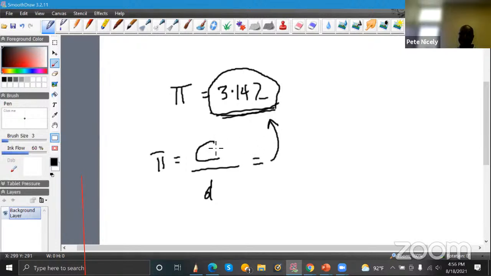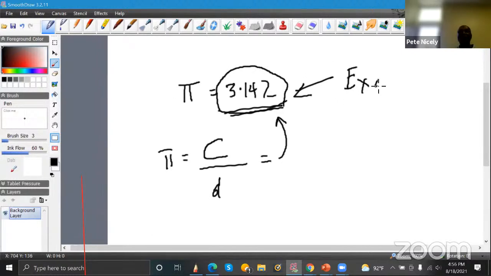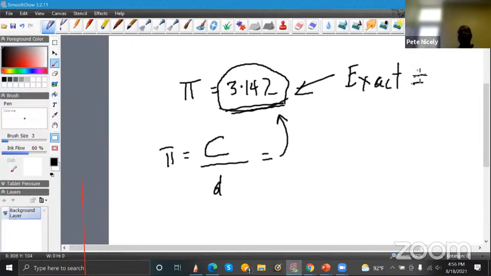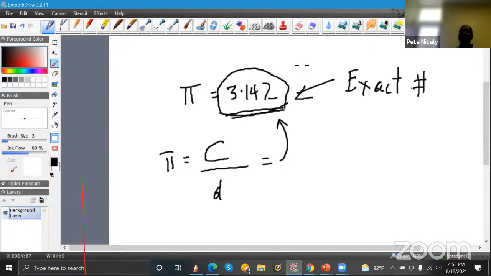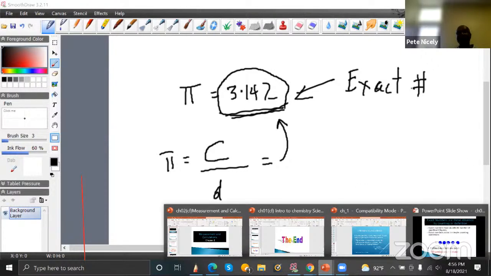The definition of pi is the ratio of the length of the circumference divided by the length of the diameter, all right? So therefore, because this number is obtained by definition, this number will be an exact number. So that's another example of an exact number that you need to be aware of.